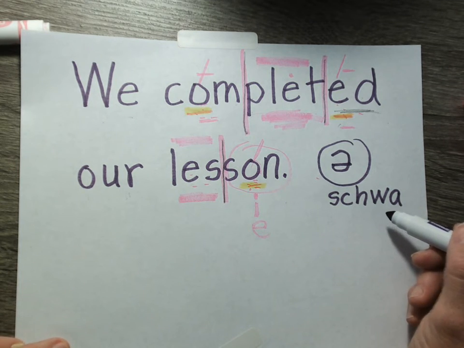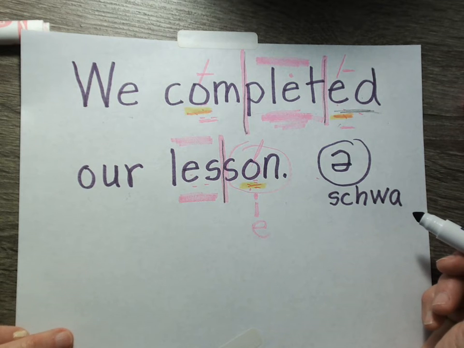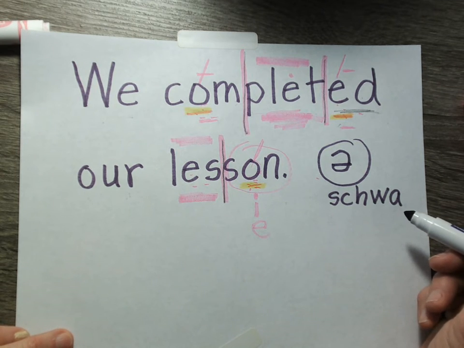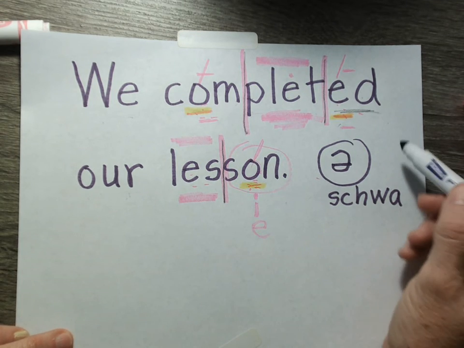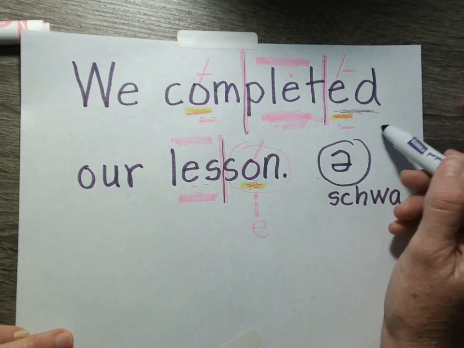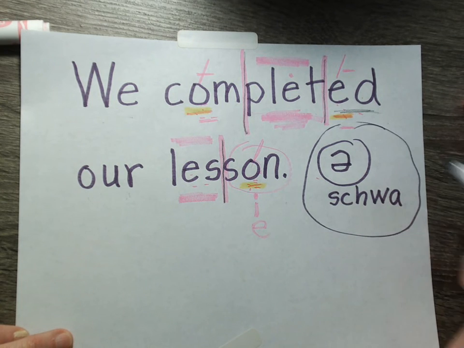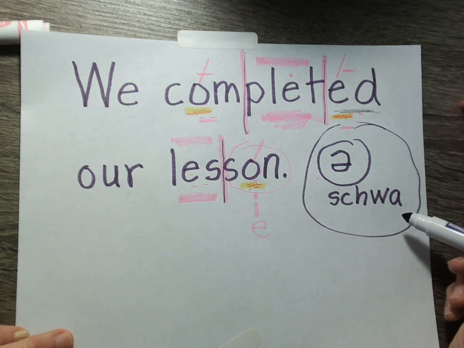Okay, so you see why it's important to know about syllables, because when you have words that have more than one syllable, one syllable in each word is going to get most of the force, and the other syllables will get less. And so in those other syllables, a lot of the time you'll be hearing the vowel turn into this schwa sound.